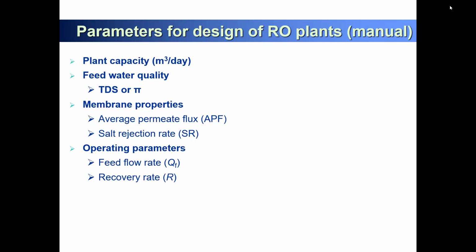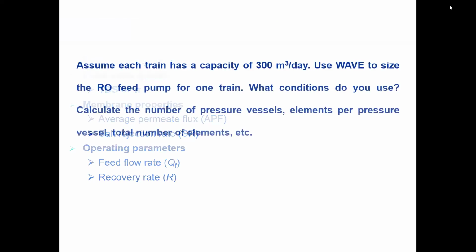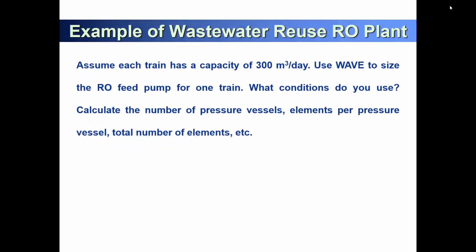We ensure the water quality meets the Australian drinking water guidelines, so we have to meet all the criteria. And the operating parameters: feed flow rate, recovery rate, module number, membrane design, also surface area. These are all relevant to each other. If you have this information, we can try one example.